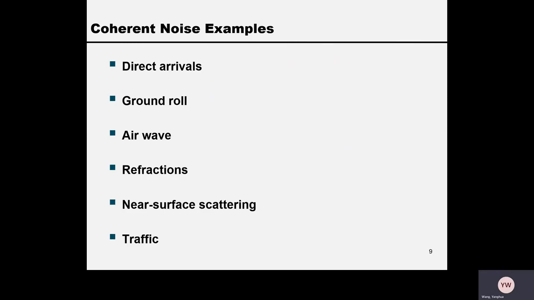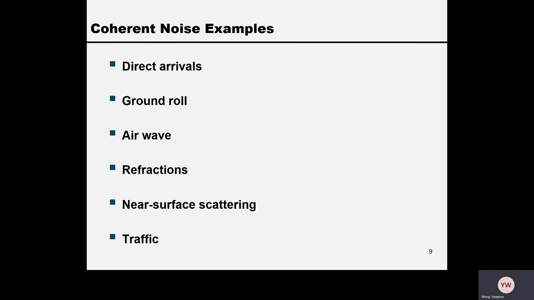For coherent noise, I list 6 examples here. In any acquisition, marine or land seismic, you do have direct waves. Direct waves are coherent between traces. So this is coherent noise.